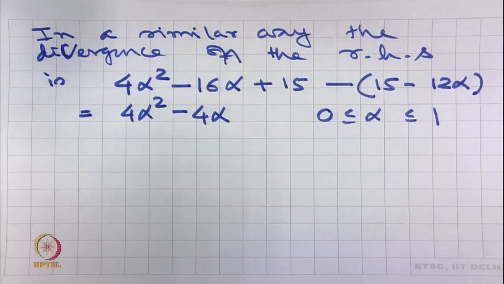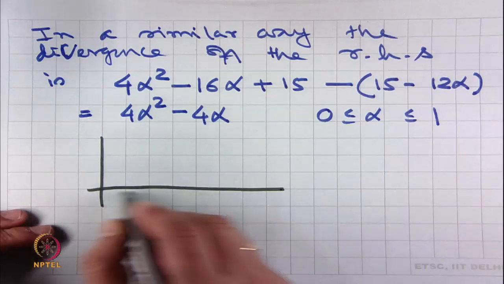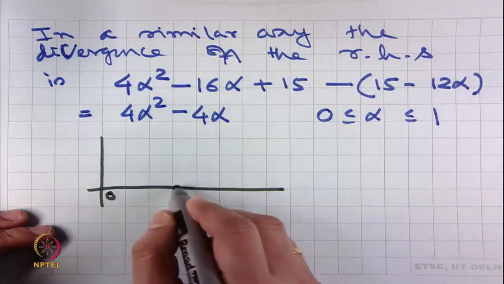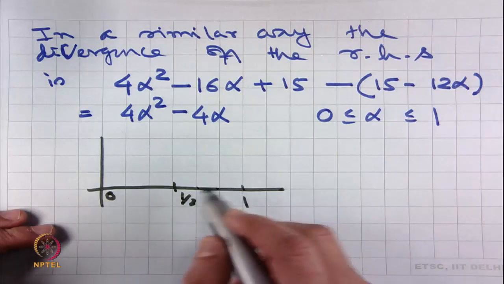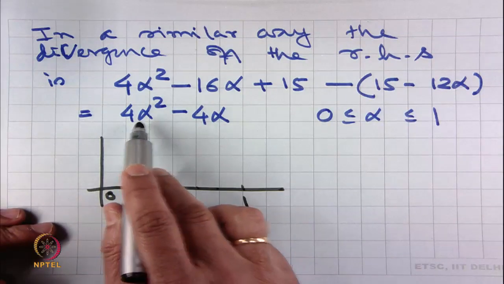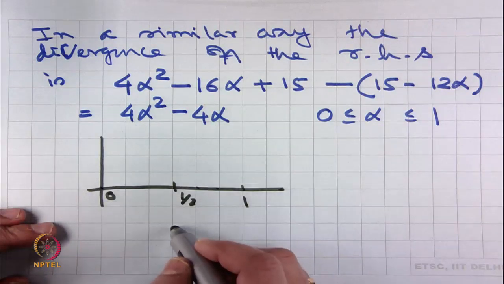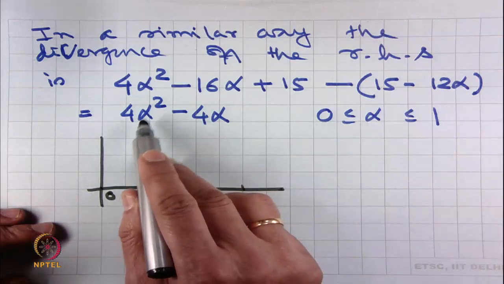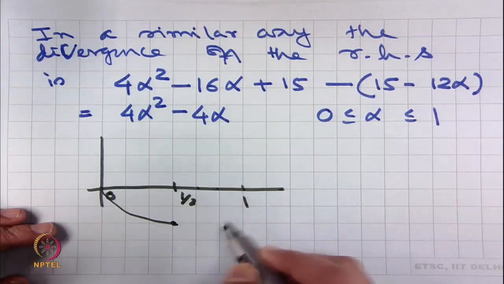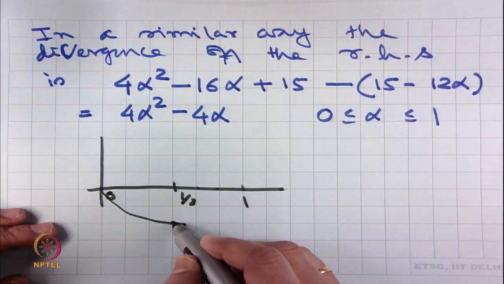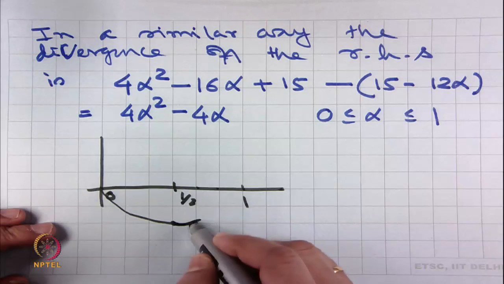So, if we plot this graph for different values of alpha, we get alpha is equal to 0, alpha is equal to half, alpha is equal to 1. So, 4 alpha square minus 4 alpha at 0 is equal to 0, at half it is 1 minus 2, that is minus 1, and at 1 it is 4 minus 4 equal to 0.